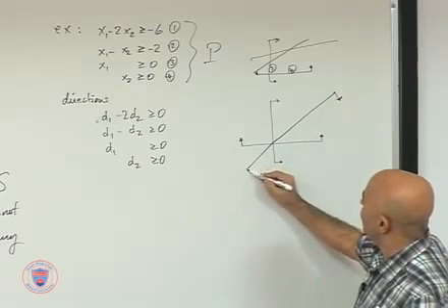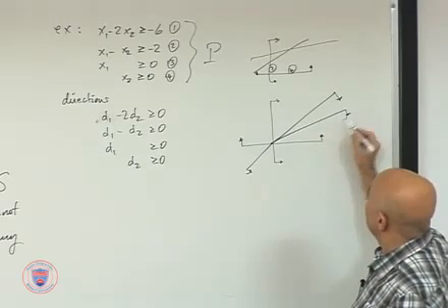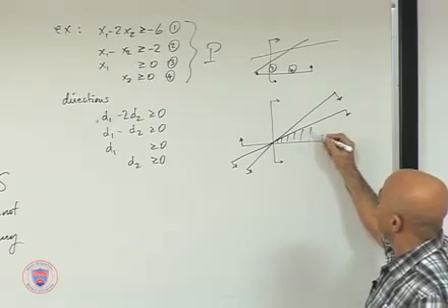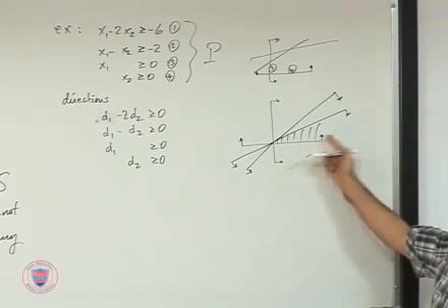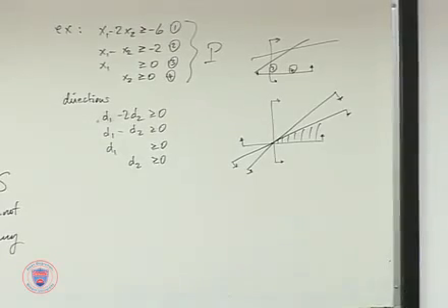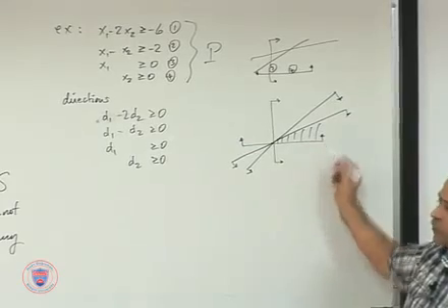So this is one of them, and the other one is like that. And when you look at the shaded region, which is the intersection of all those half spaces defined by the new set of constraints, this is what you've got.